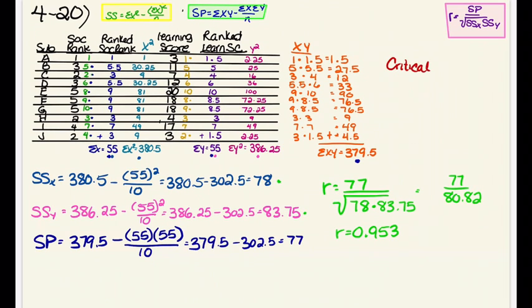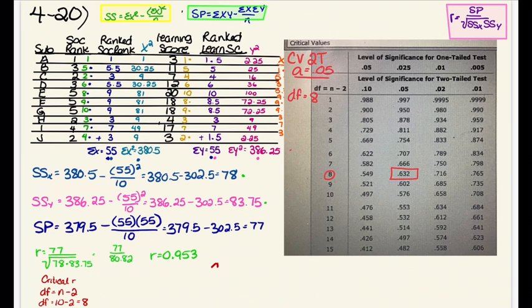Next, we'll find what our critical value is by calculating our degrees of freedom, which is the number of pairs minus 2. We'll use these degrees of freedom to look up the critical values for the Pearson correlation in Table B6 of Appendix B in your text.